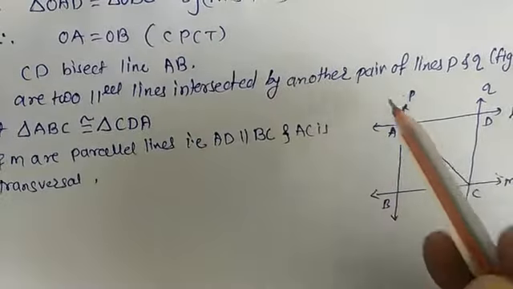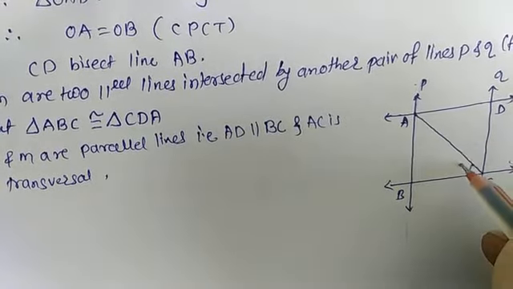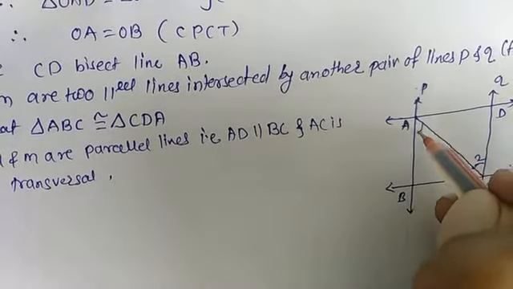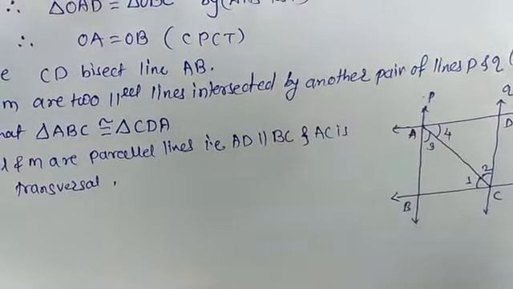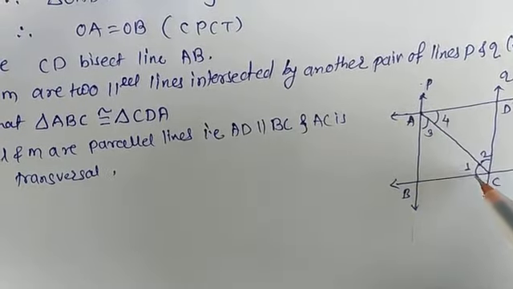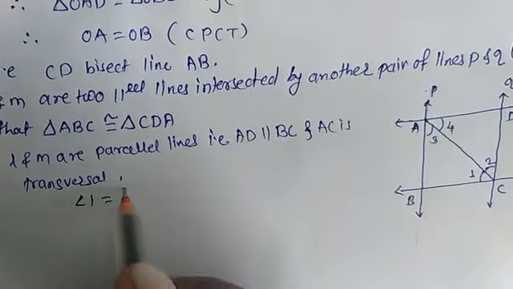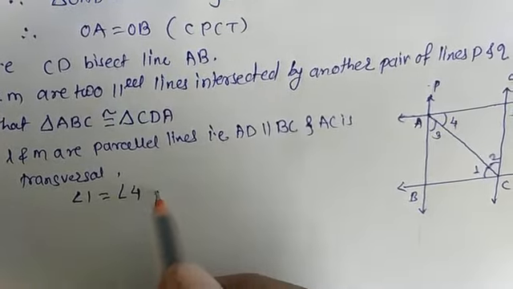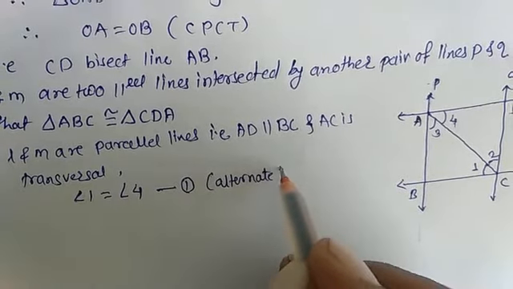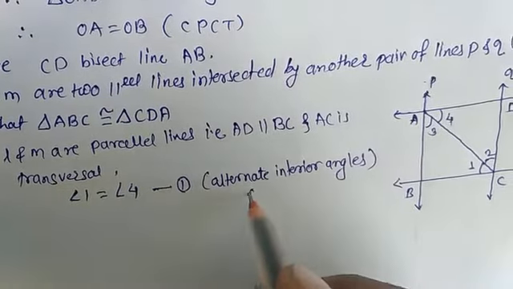Considering these angles as angle 1, angle 2, angle 3 and angle 4, since the two lines are parallel, alternate angles are equal. So angle 1 is equal to angle 4, equation number 1, because they are alternate interior angles of parallel lines.